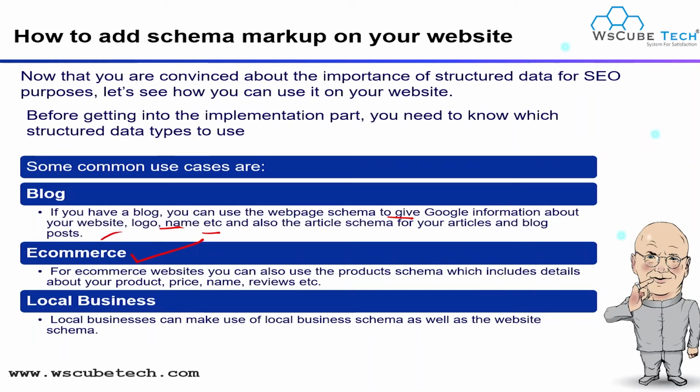For your e-commerce website, you can use the product schema, which includes details about your product, price, name, reviews. For local businesses, you can make use of the local business schema as well as the website schema.